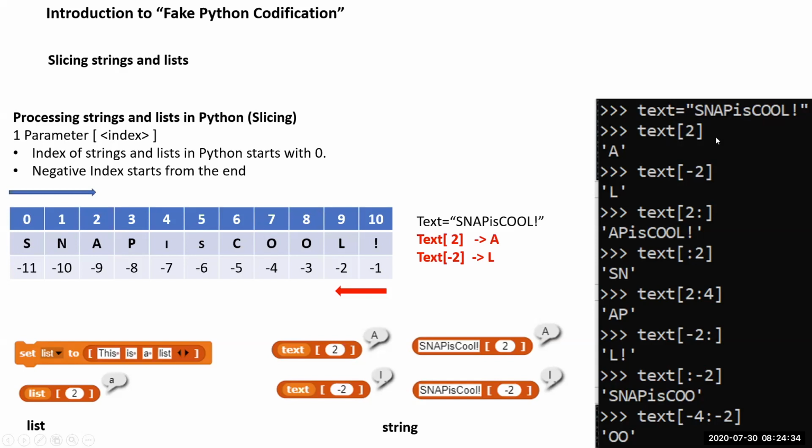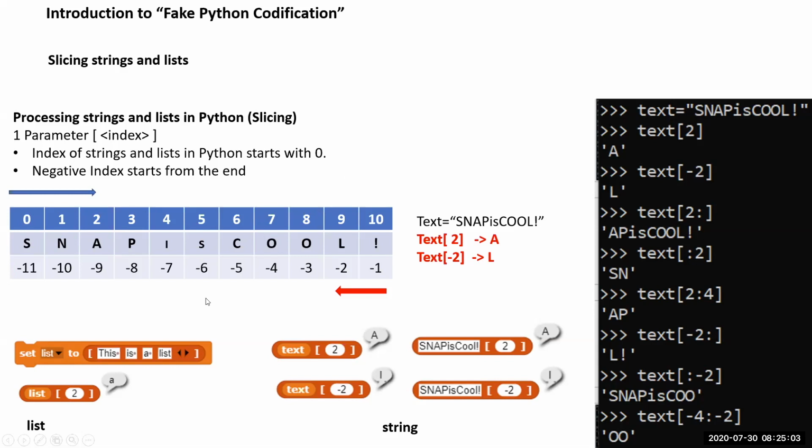The text is "snap is cool", text of 2, and that gives you the A. So 0, 1, 2, 2 is the A. But what you also have in Python, and that's the red one here, is that you can read the elements with a negative index from the end. So if you have text of -2, then this would give you the L.